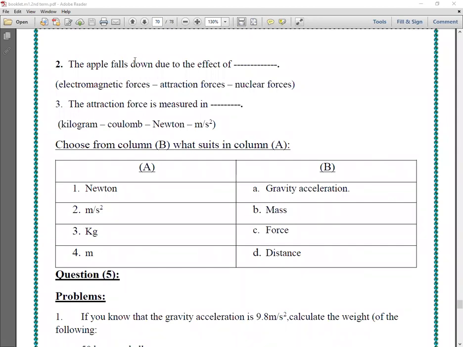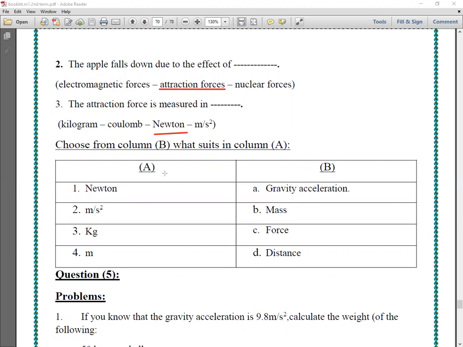The apple falls down due to the effect of what? Due to the attraction forces. Number 3, the attraction force is measured in Newton.